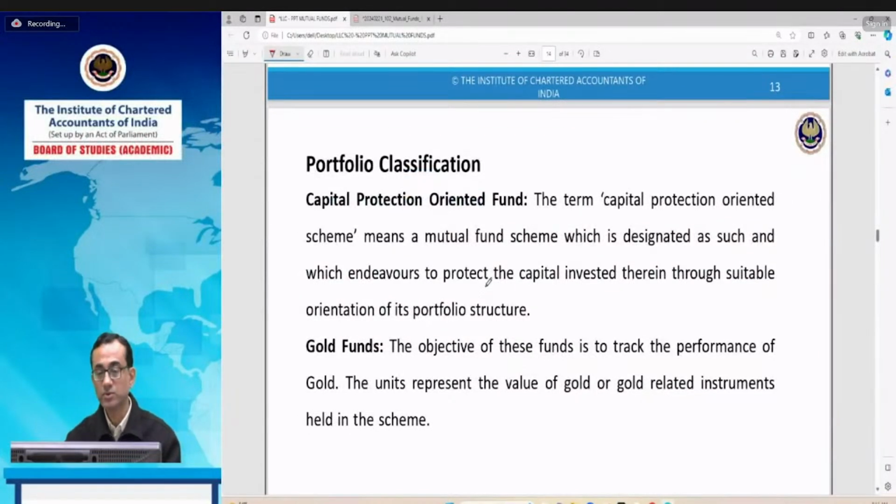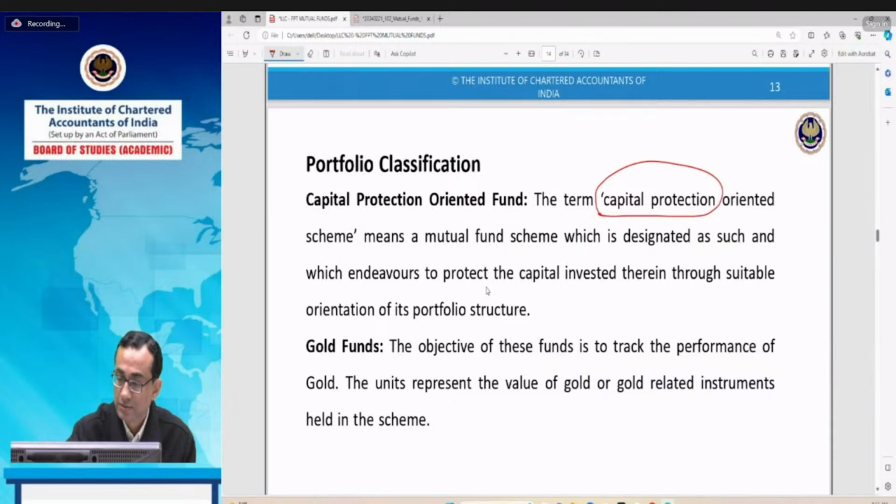Okay. Now come to capital protection oriented fund. Capital protection, as the name suggests, the basic objective is to protect the capital of the investors. I will take some time to explain this, the capital protection and also the gold fund.